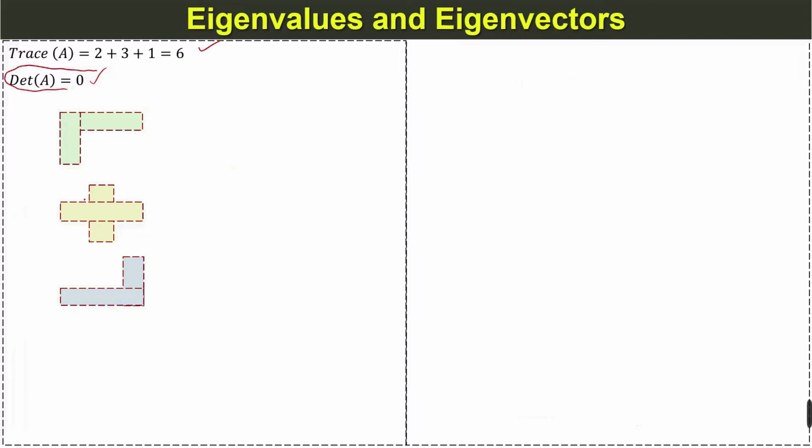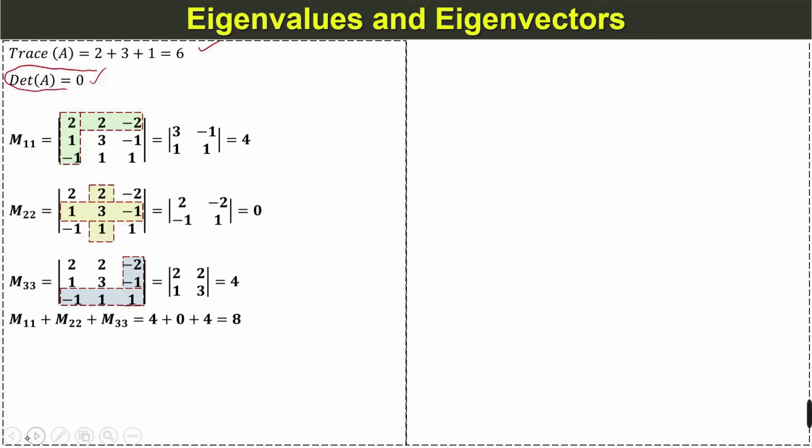Now we calculate the minors of the matrix along the diagonal. This is the first minor: we leave the first row and first column, and take the remaining entries, and after solving we get the value. Similarly for M22, leaving the second row and second column, this is equal to 0, and similarly for M33, leaving the third row and third column.